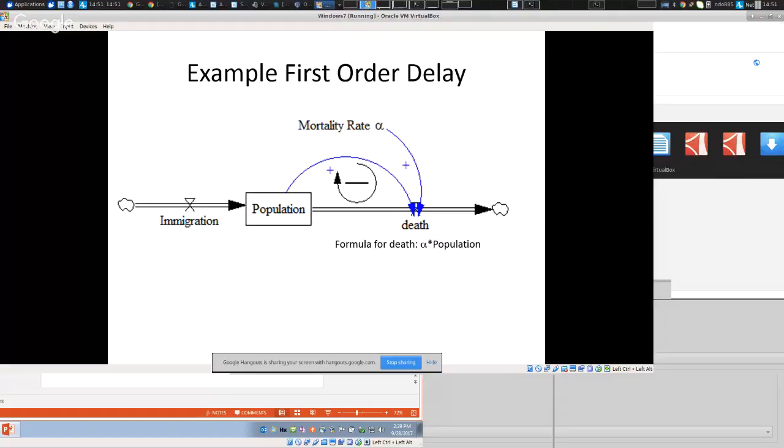Okay, so probabilities are dimensionless quantities. So when I say mortality rate is a probability per unit time, what is its dimension? Its dimension is 1 over time. Its units are 1 over the units of time. It's a chance per unit time, a probability per unit time.